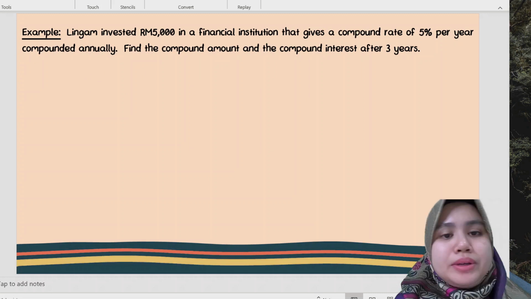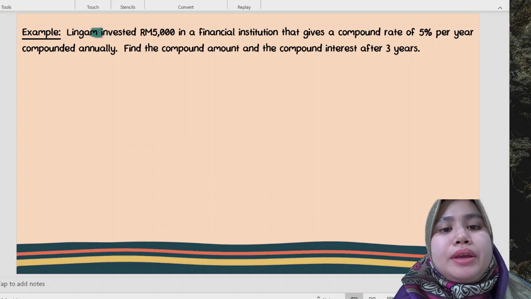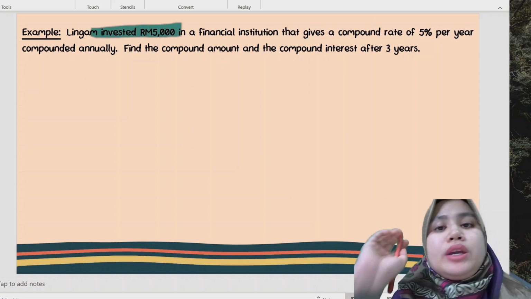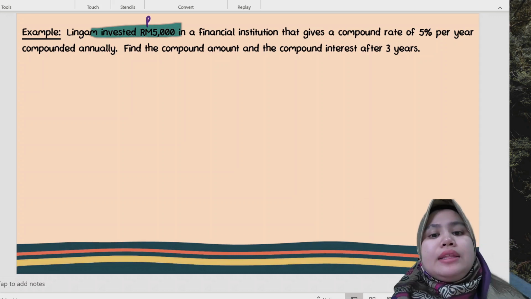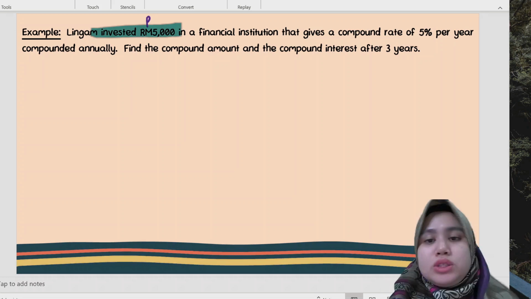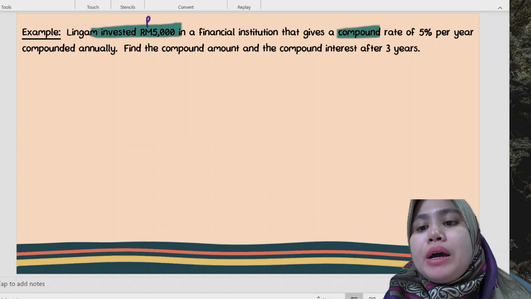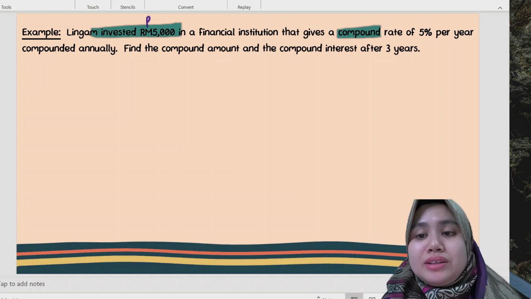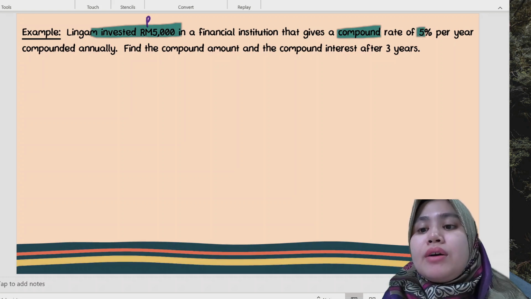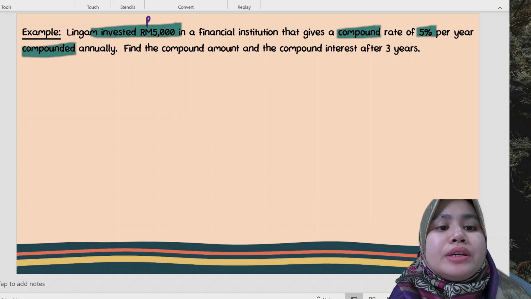Okay, we have Lingam here. Lingam invests 5,000. With the word invest, you can just put it as P. In a financial institution that gives a compound rate of 5% per year compounded. The word compound means not simple, right?